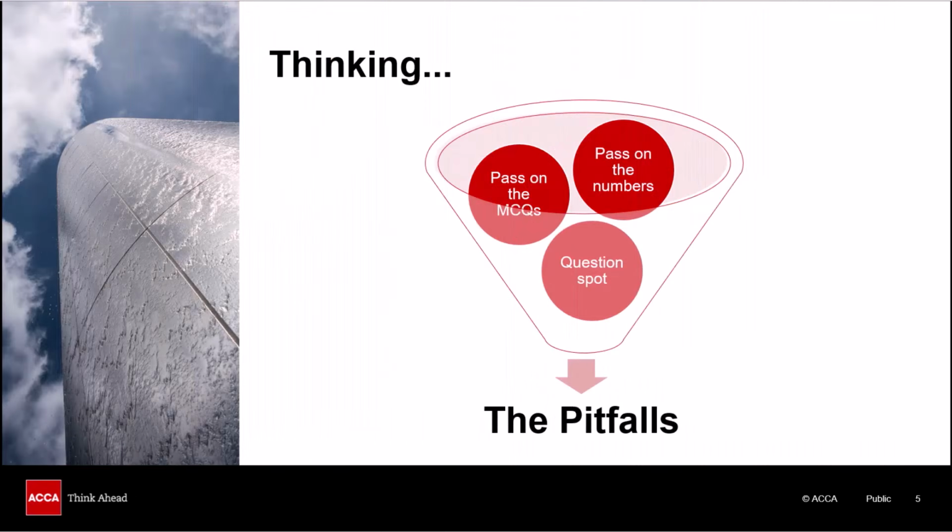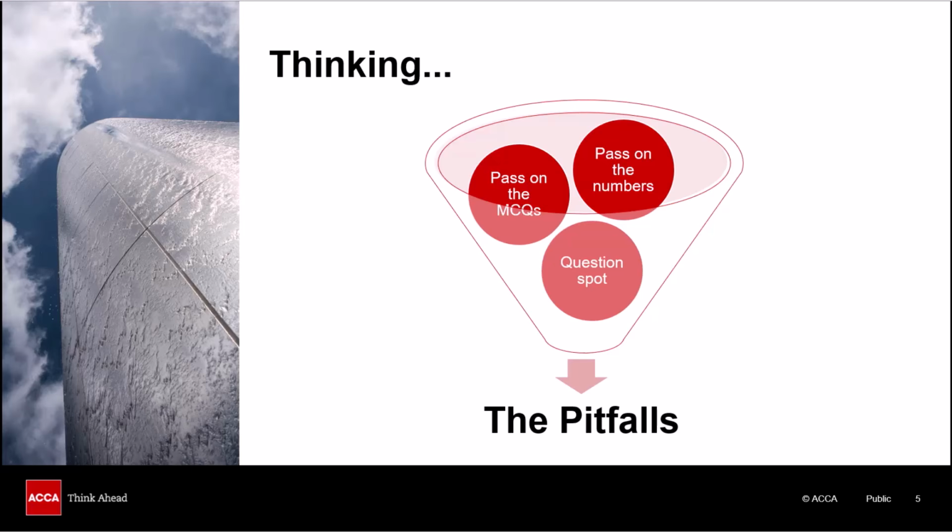There are also three pitfalls for students in thinking they can pass these applied skills papers on either passing on the MCQs, passing just on the numbers, and being able to question spot. 4 out of the 5 sessional papers have 60% MCQ. This may sound a lot, but in order to pass on those MCQs, you're going to have to get over 80% of them right.